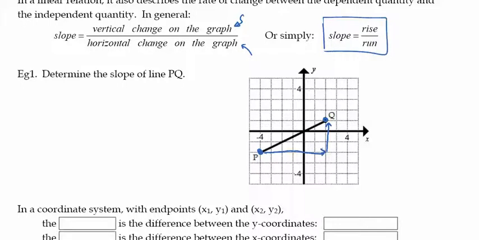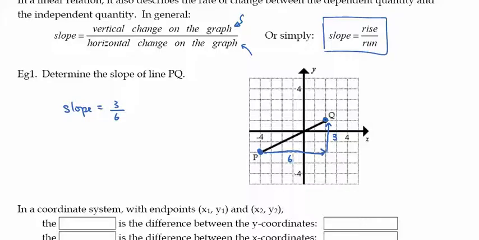This line going from point P to point Q goes up by 3 units. By counting the number of boxes on your graph, you'll be able to measure the rise and the run. And the slope in this case would simply be 3/6.